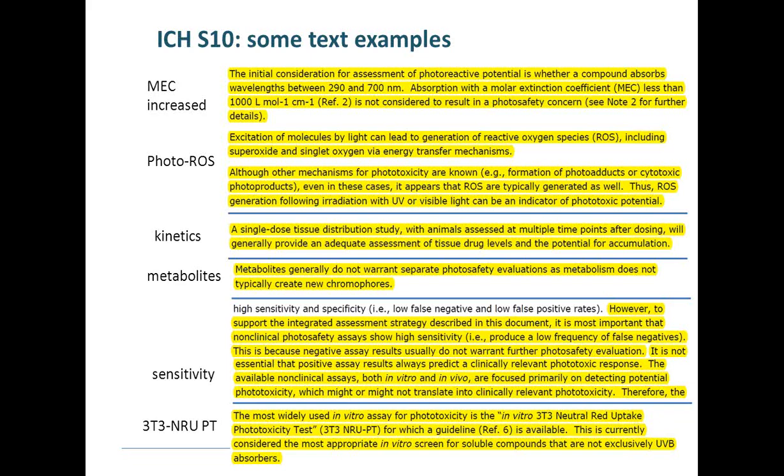It also says that the photo-ROS assay may be a valuable trigger. It also says newly that a single-dose tissue distribution study with animals assessed at multiple time points after dosing will generally provide an adequate assessment of tissue drug levels and the potential for accumulation.